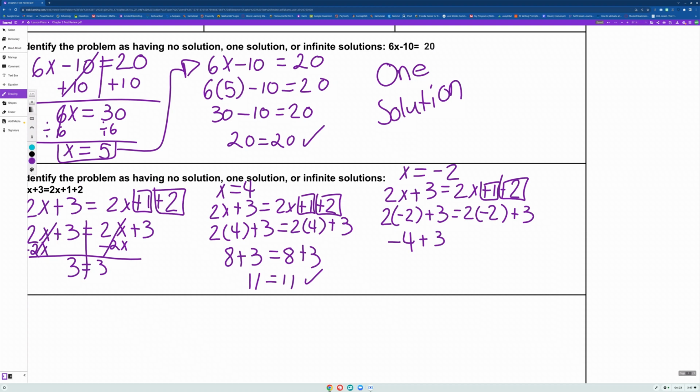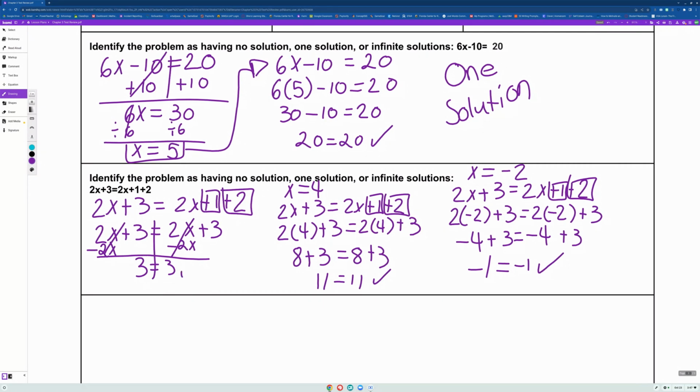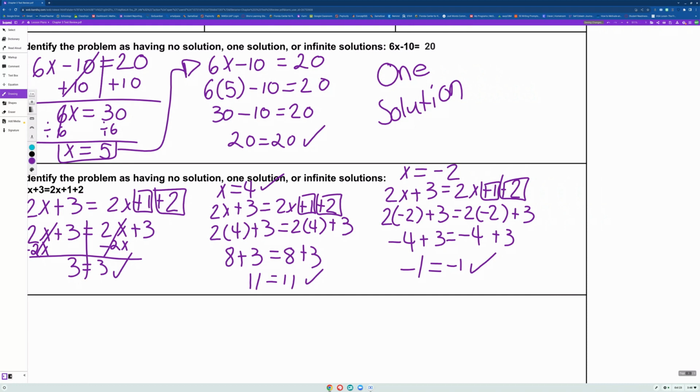Plus 3 is equal to 2 times negative 2, negative 4, plus 3. So because negative 1 is equal to negative 1, that tells me that negative 2 could also be a solution. So if I'm getting the same thing over here, x equals 4 works and x equals negative 2 works, that means that this is going to have an infinite amount of solutions.